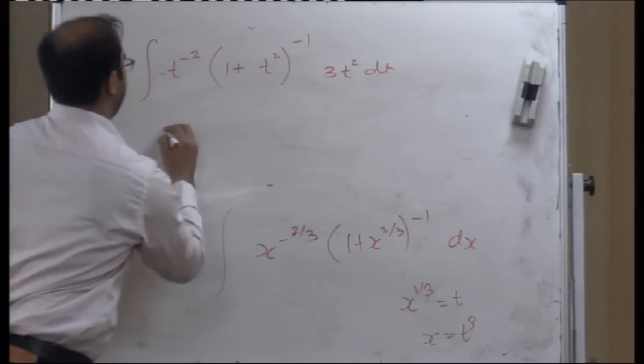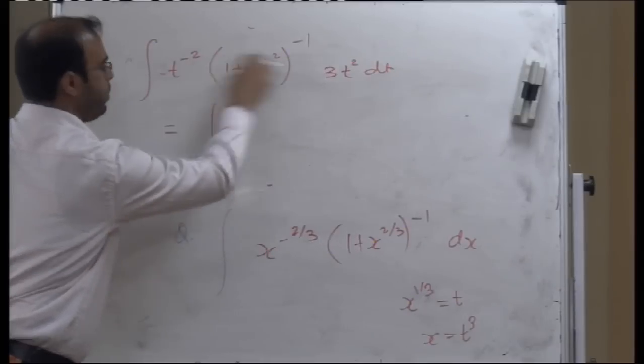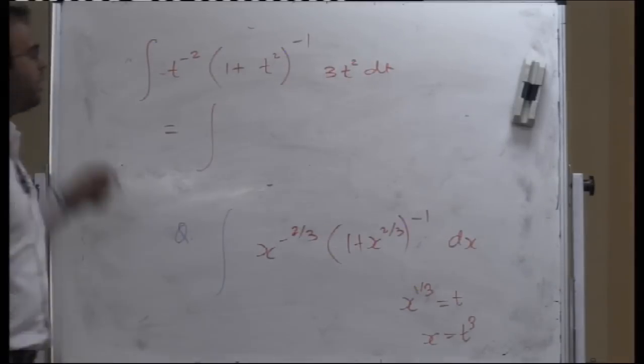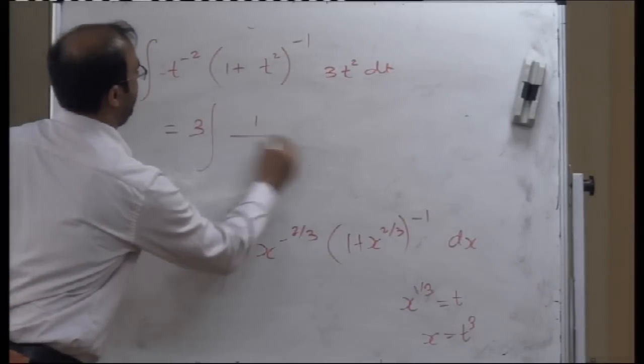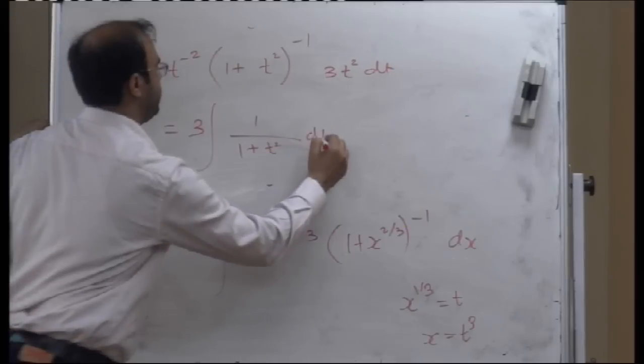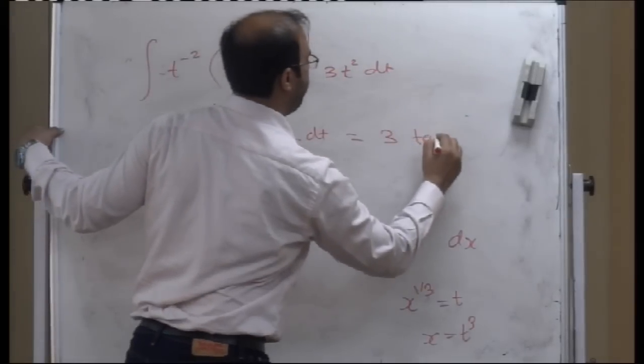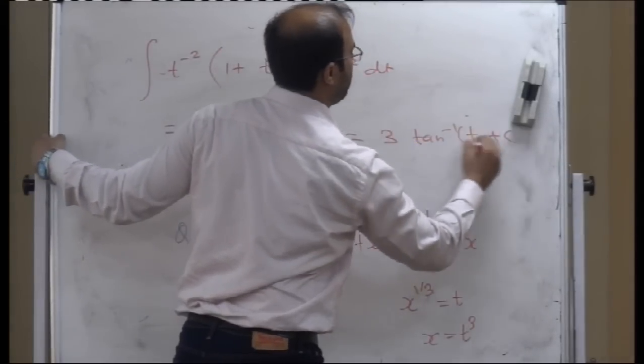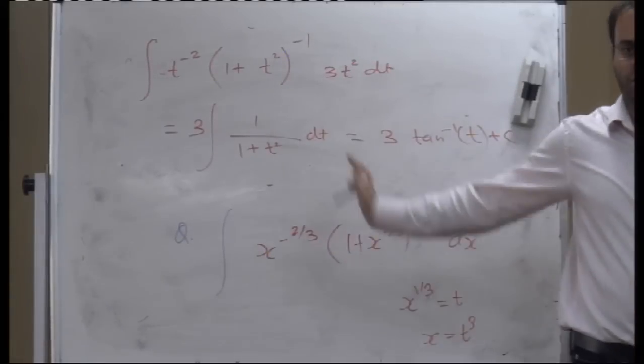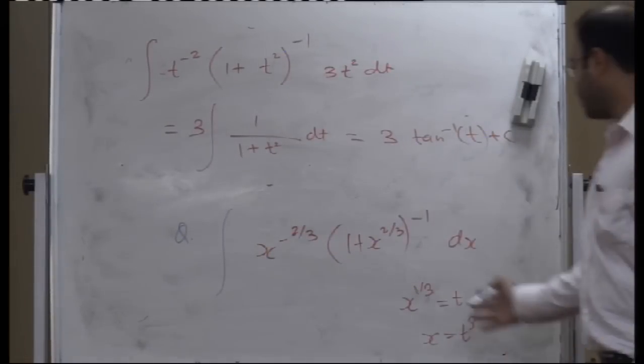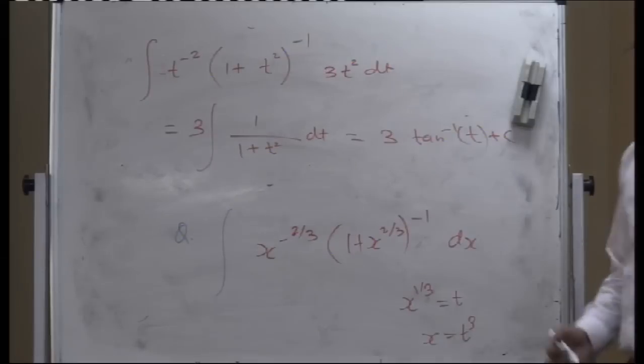In the next step, t to the power minus 2 and t to the power 2 will cancel. This 3 comes outside, 1 by (1 plus t square) dt, and this would become 3 times tan inverse of t plus c. Now you know what t is, and you substitute it over there. That is x to the power 1 by 3.